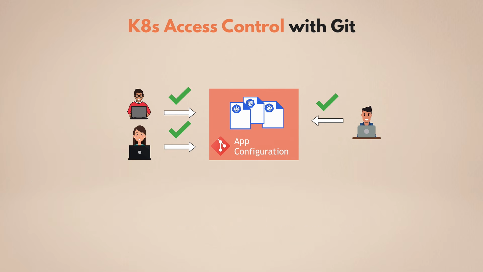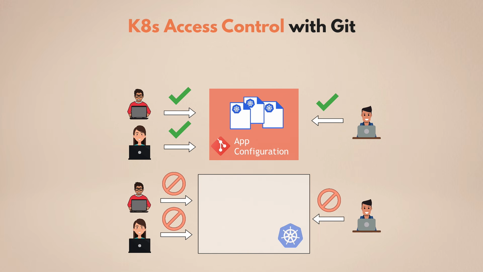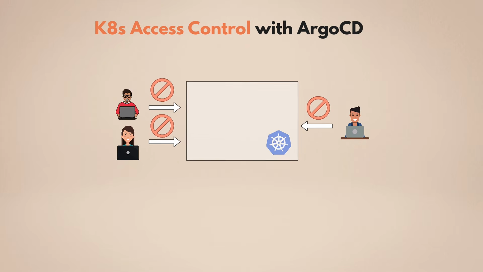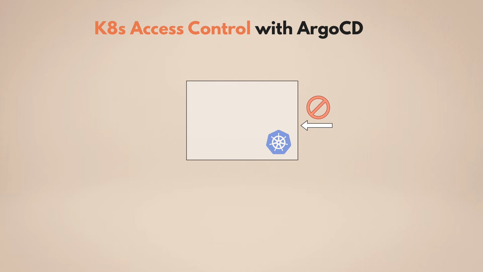And because of the pull model, you only need to give engineers access to the Git repository and not the cluster directly. Now, in addition to human user access, with this workflow, we also have a benefit of easier cluster access management for non-human users, like CI/CD tools, such as Jenkins.